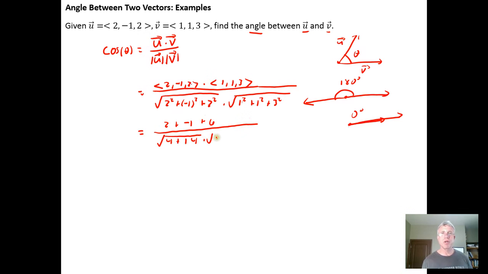We get 1 squared is 1 plus 1 squared is 1 plus 3 squared is 9. And then continue to simplify, so we get 6 and 2 is 8 minus 1 is a 7, all over the square root of 9 times the square root of 11.